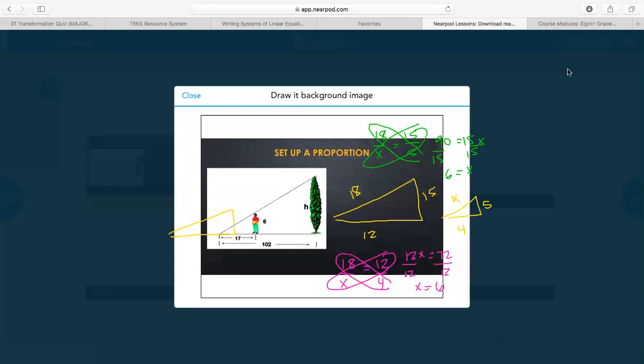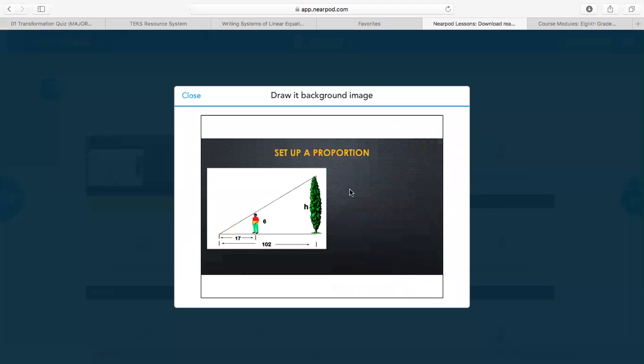But what I am gonna state is that I need to make sure everyone sees the two triangles or the two drawings, right? The small one is 6, 17, and we don't know that side. And then the big one is 102 on the bottom and H on the side, okay?